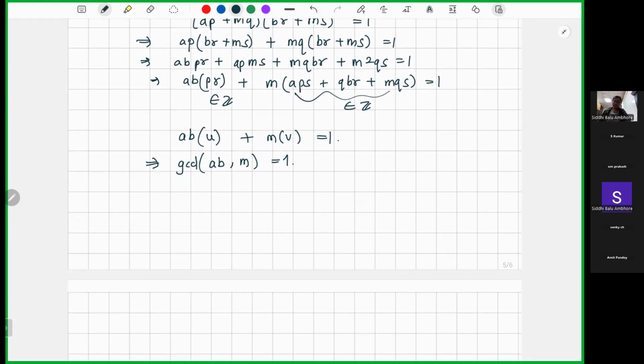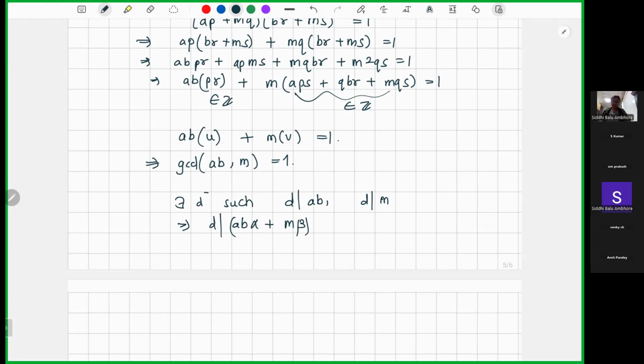Suppose D is such that D divides AB and D divides M, then in AB alpha plus M beta, this D will always divide it.